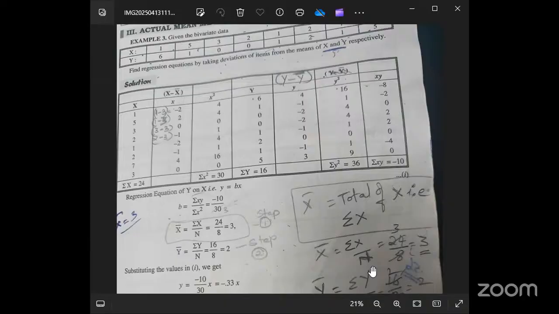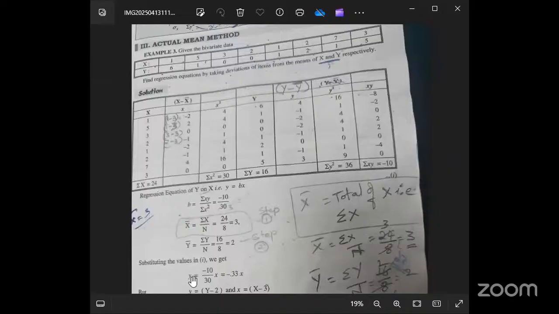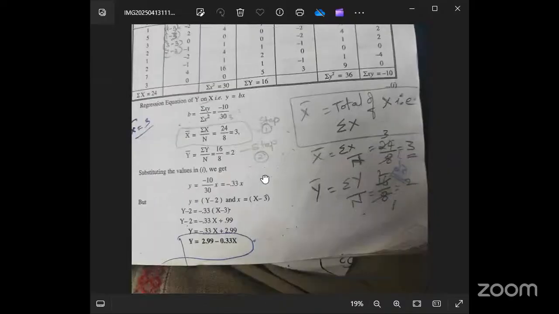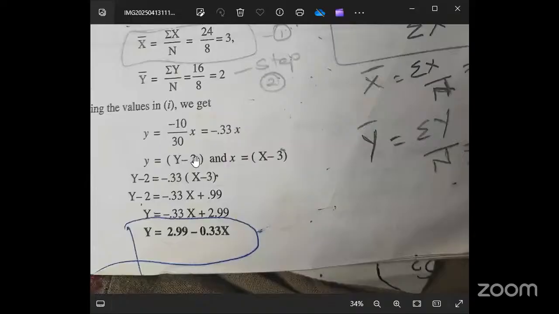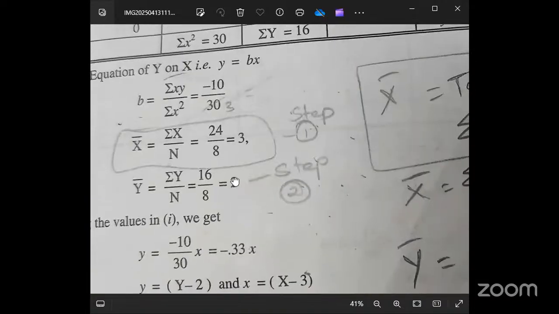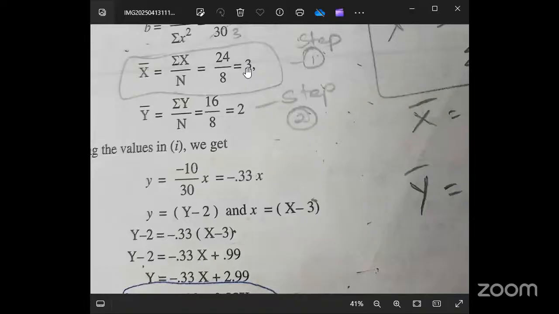Next, we need to substitute in the equation. So y is equal to minus 10 by 30 x, which is equal to minus 0.33x. Next we need to see what is y and what is x. Here x bar is 3, y bar is 2.